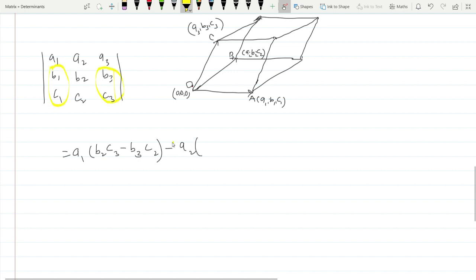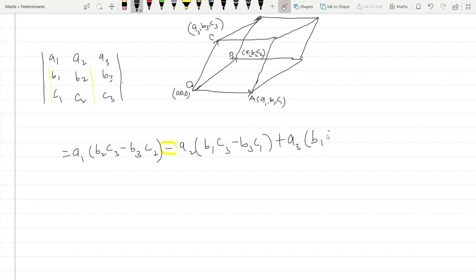We'll discuss this negative sign just after writing this expression. a2 into b1 c3 minus b3 c1, plus a3 into this determinant value, a3 into b1 c2 minus b2 c1.